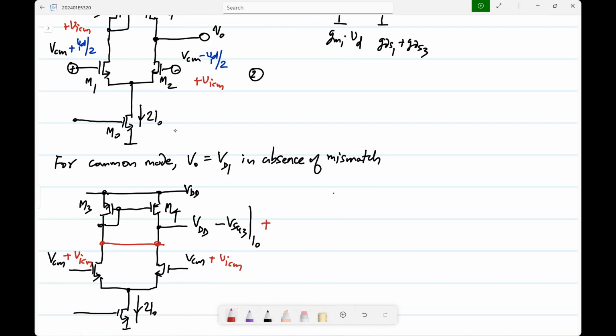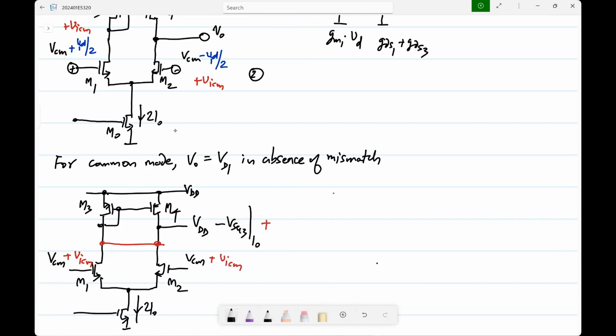How would you do this? What is the increment at the output? What kind of circuit is this, with the drains shorted? If you look at M1 and M2, all three terminals are essentially shorted.